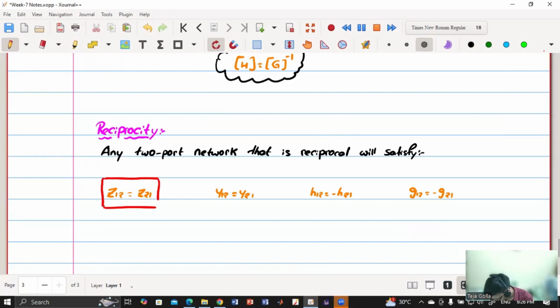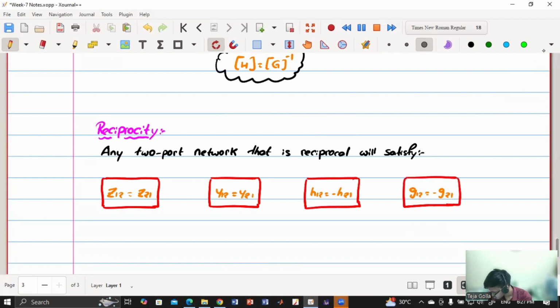All of these will be satisfied, but in order to check, you can prove any one of them, and you'll know whether the circuit is reciprocal or not. So in any given circuit, if they ask whether the circuit is reciprocal, you find any one of these: Z12 and Z21, or Y12 and Y21, H12 and minus H21, or G12 and minus G21.